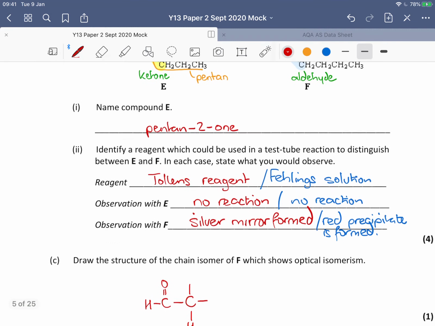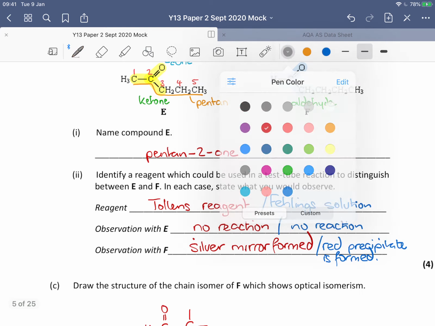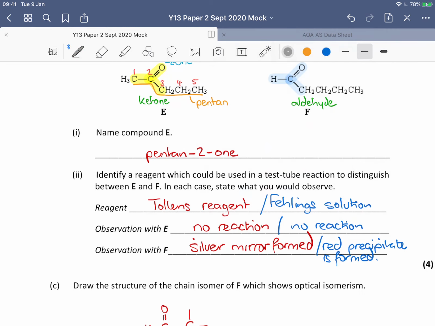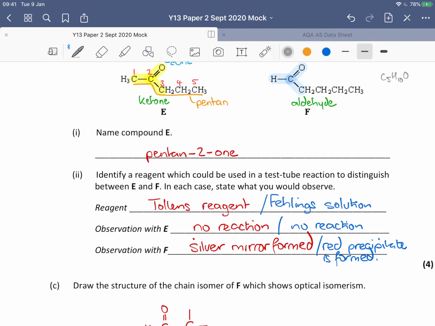So if I go back to the aldehyde, let's actually just work out its molecular formula. So I've got 5 carbons, and I've got 1, 3, 5, I've got 10 hydrogens and 1 oxygen. Okay, 10 hydrogens and 1 oxygen.